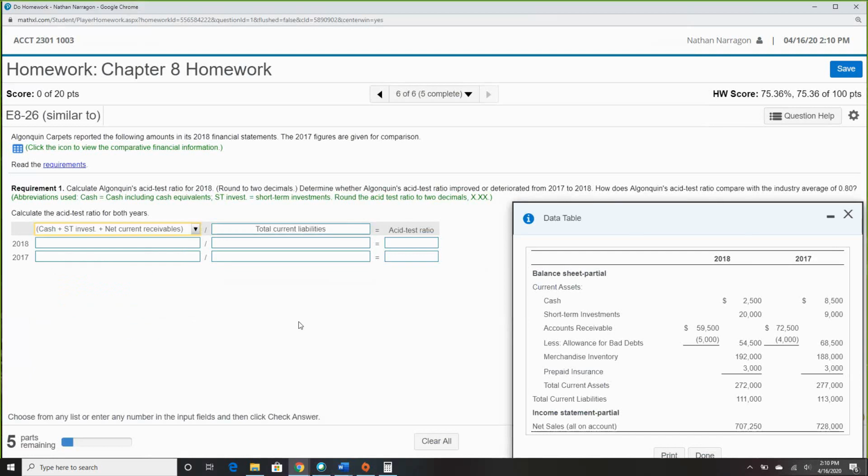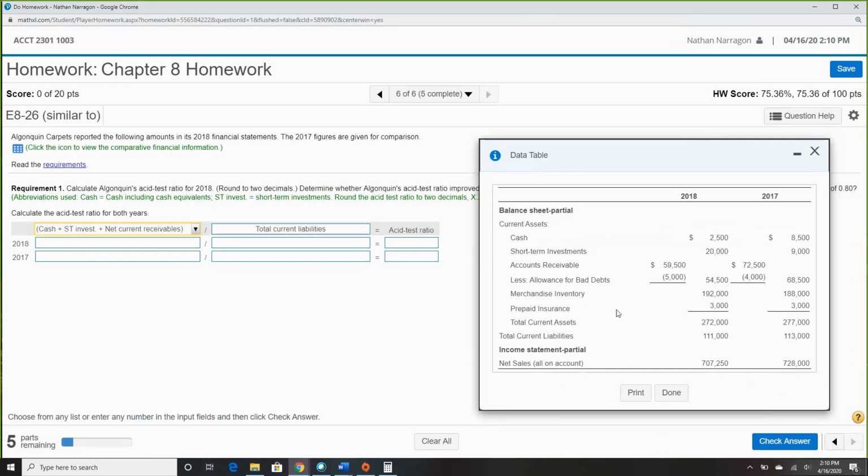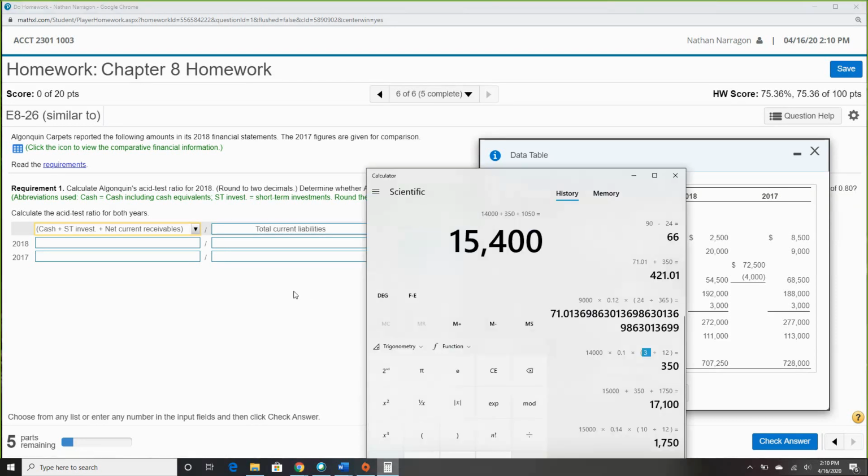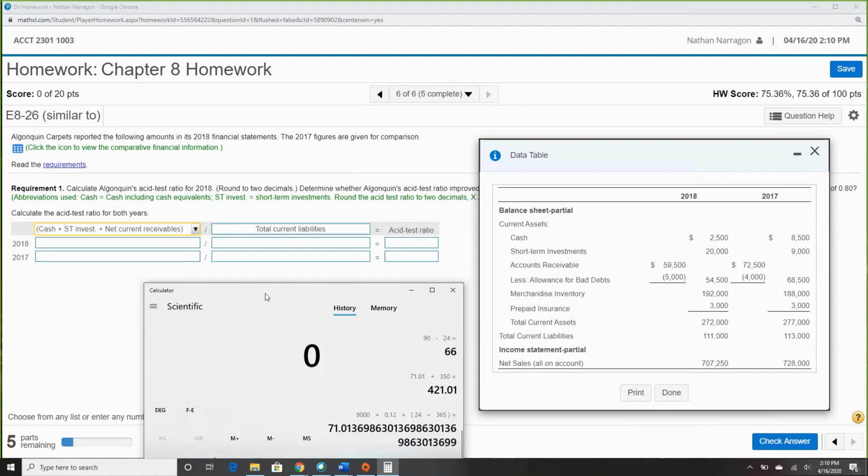Okay. So now we've got to figure these out. Using our data table, we find cash happens to be 2,500. So 2,500 plus short-term investments, and I'm doing 2018, which was 20,000, plus net current receivables.